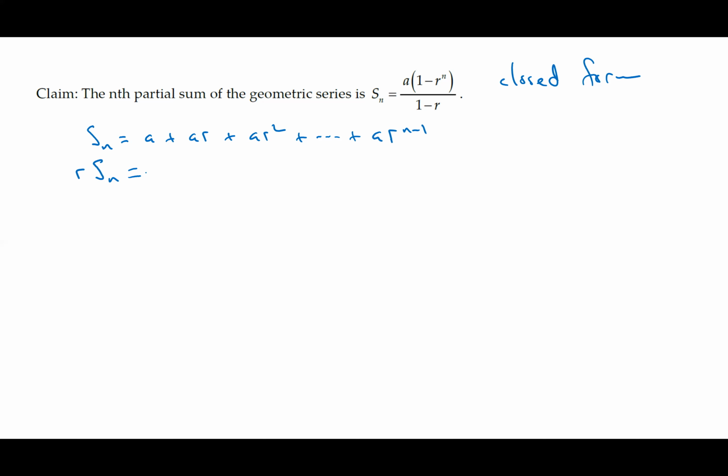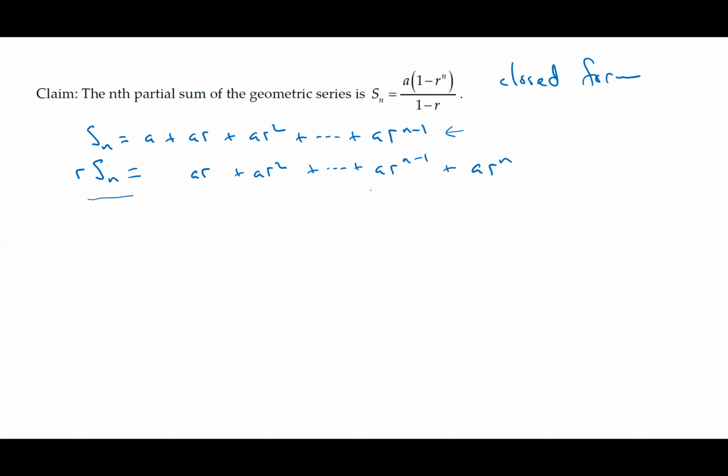And when I do that, I'm going to group these terms strategically, right? This first a becomes ar, right? I don't have a anymore. So I have ar squared, up to ar to the n minus 1, and then when my ar to the n minus 1 gets multiplied by r, I just get ar to the n.